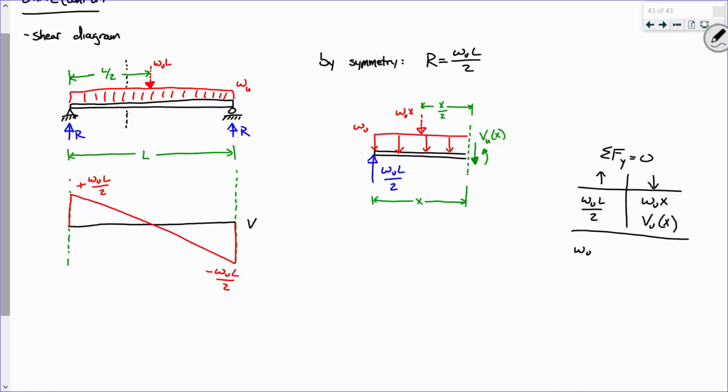So WU L over 2 equals WUX plus VU of X. So VU of X is WUL over 2 minus WUX.